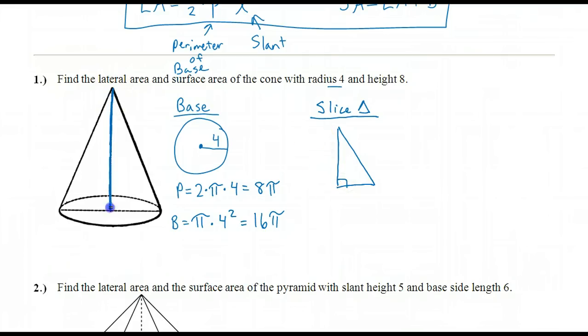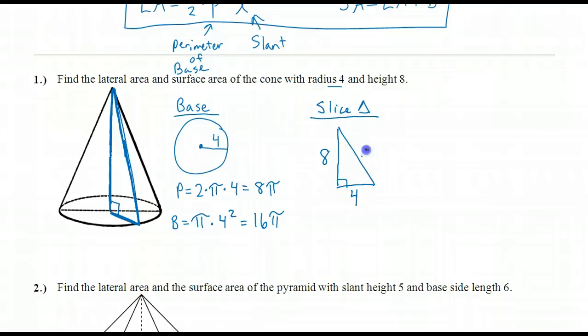The height of my pyramid or cone, the slant height, which is the length on the face of my pyramid or cone, and the apothem. So my slice triangle is this length, and this length. In my example, the height of my cone is 8.